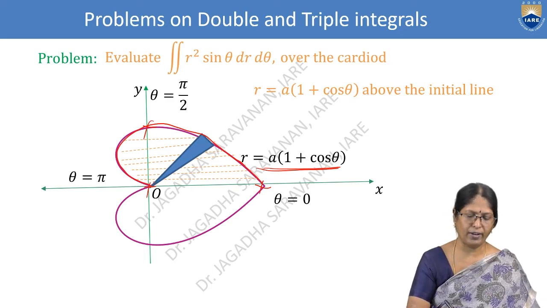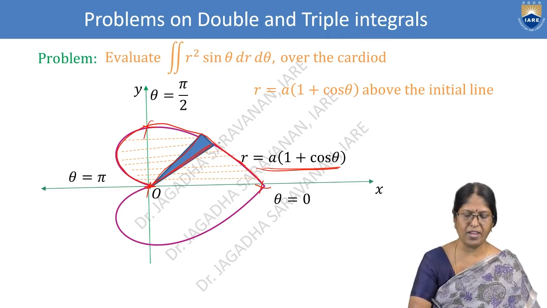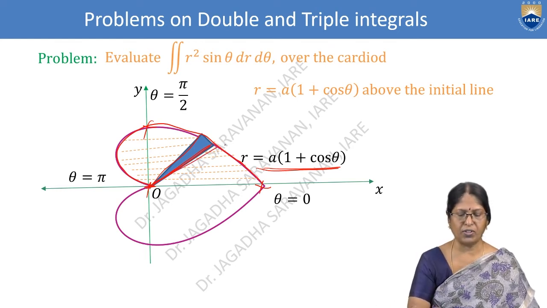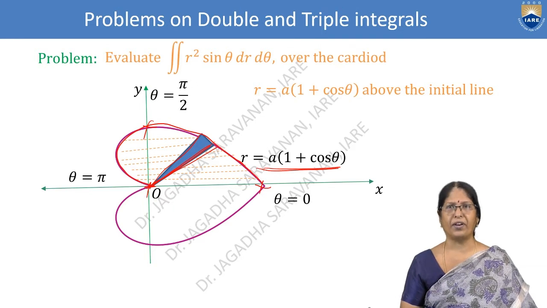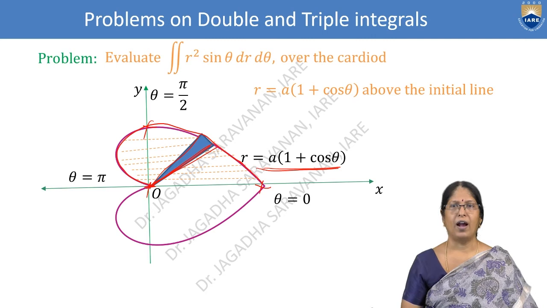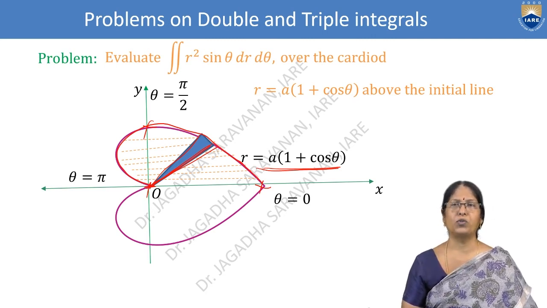To calculate this, we are taking one strip. From here we want the radius, from the origin to touching this curve. What is the radius, from where to where? And theta from where to where? These 2 points need to be very clear to us.